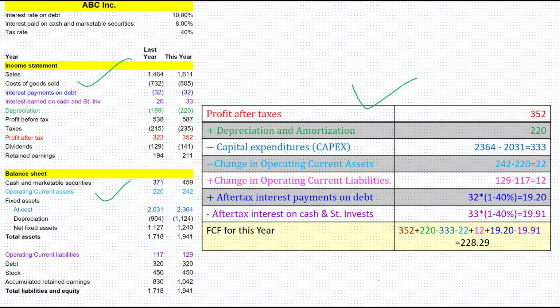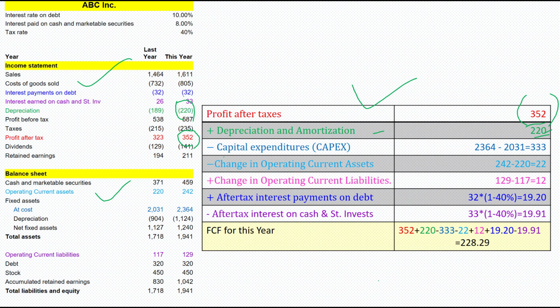To start, let's see the income after taxes. This 352 is the same as the income this year for ABC. And here I have depreciation and amortization of 220. That 220 is exactly the depreciation and amortization for this year, right? That goes here.